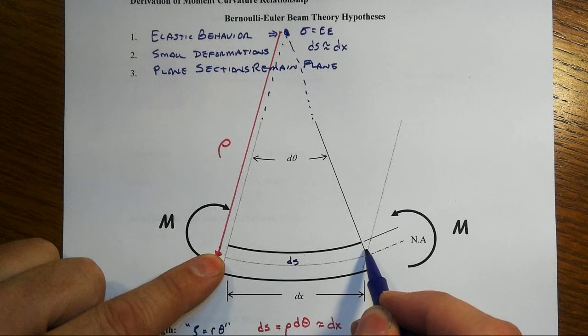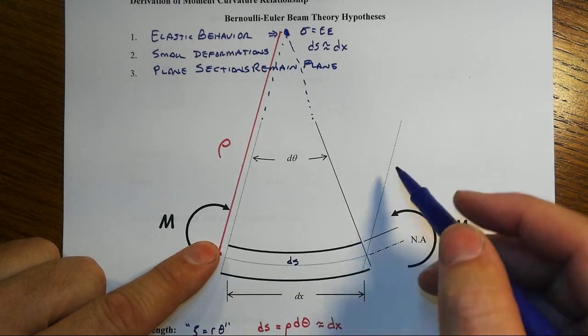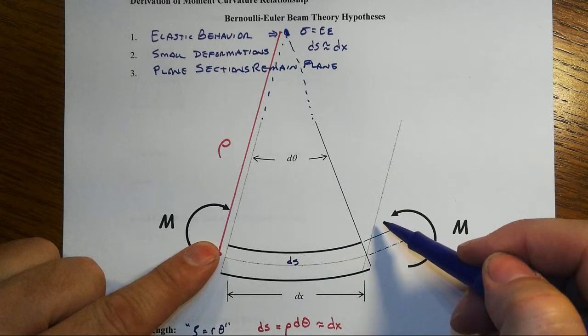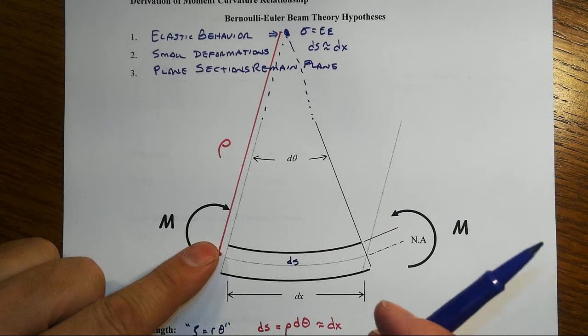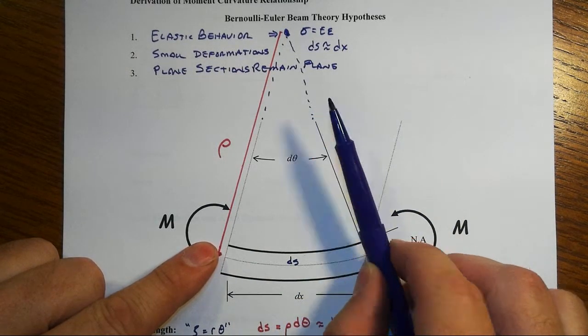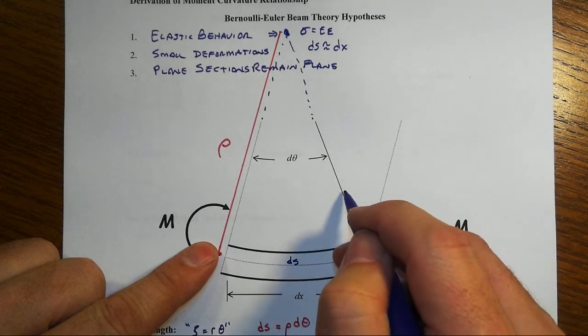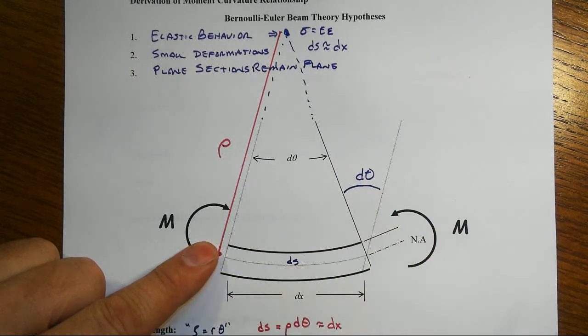Remember on top we had shortening, that's what this big bold line shows. Now, oh hey, look, this dashed line here is parallel to this one over here. Those are the two originally parallel red lines. After bending, that has rotated over, swept through the same angle, d theta, as this one right here.